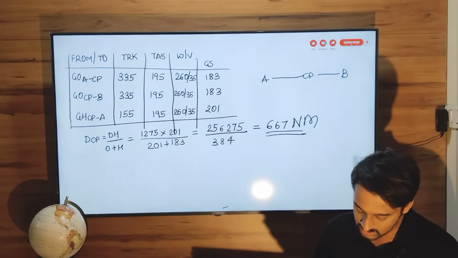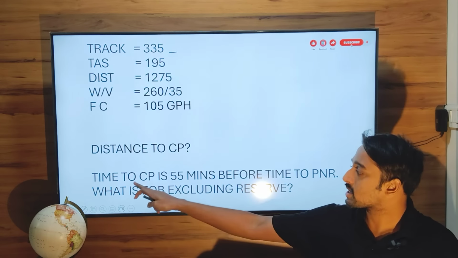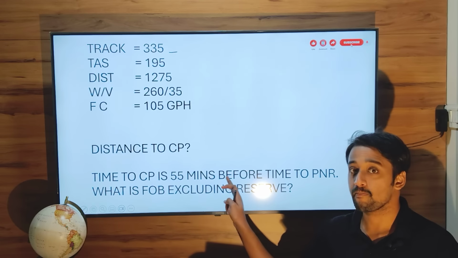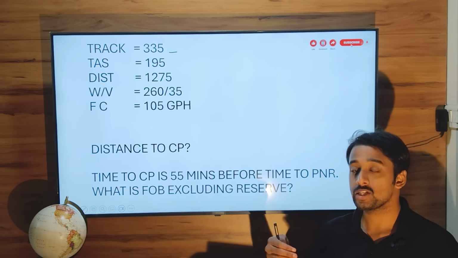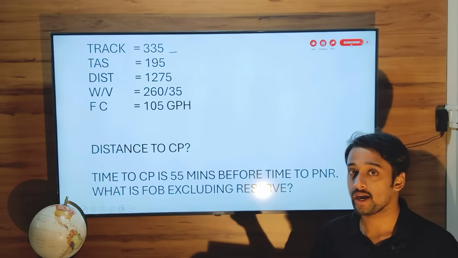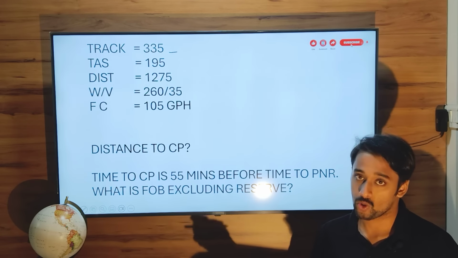Now next thing they have asked is that the time you take to reach the critical point is 55 minutes before the time required to reach the point of no return.